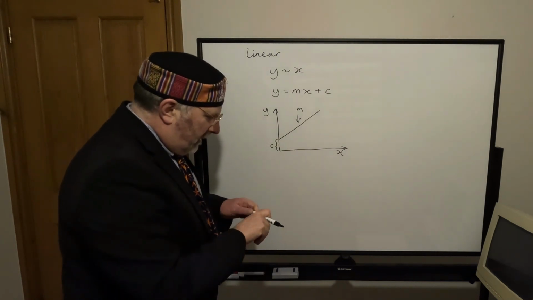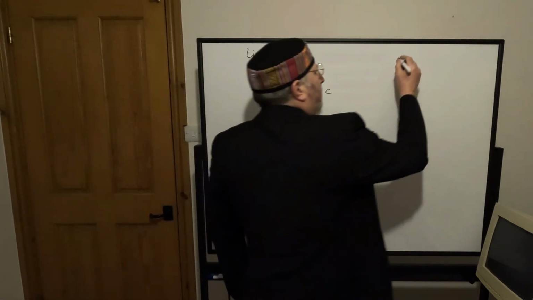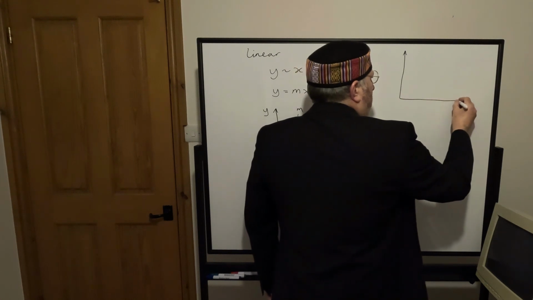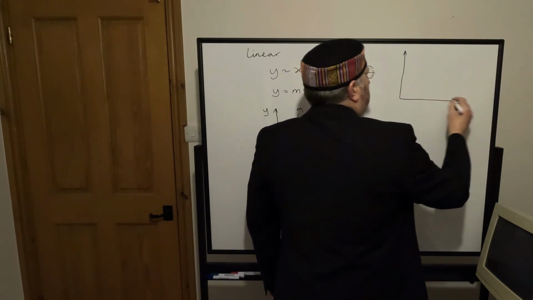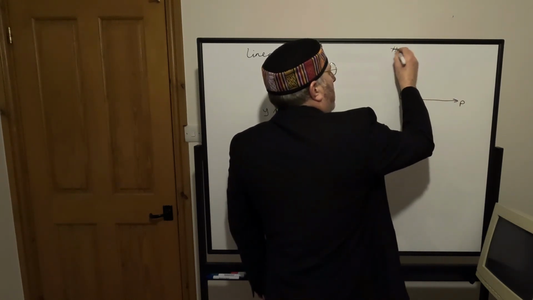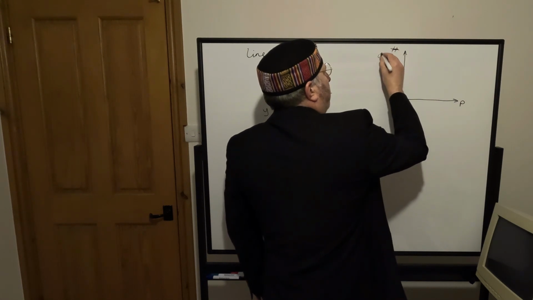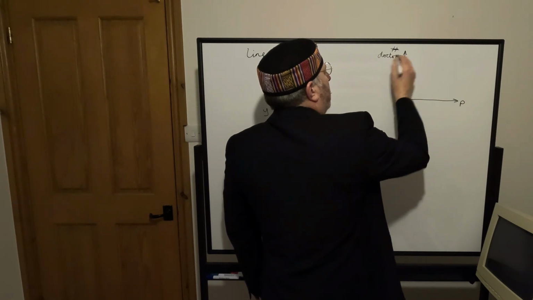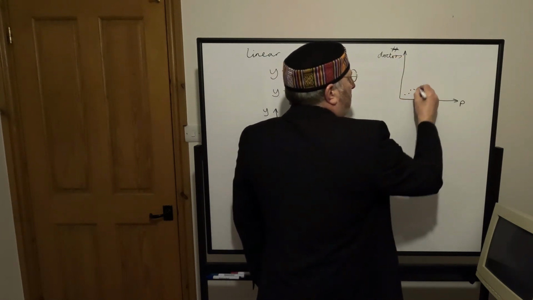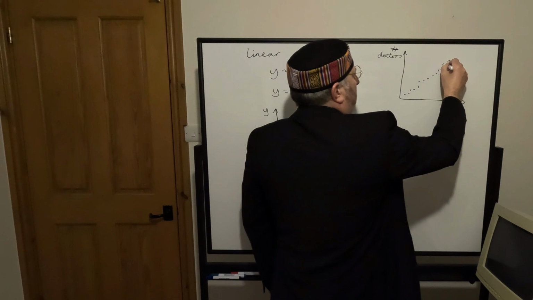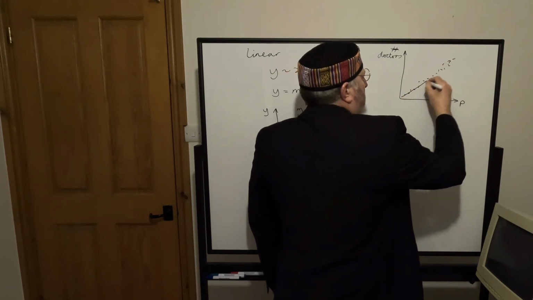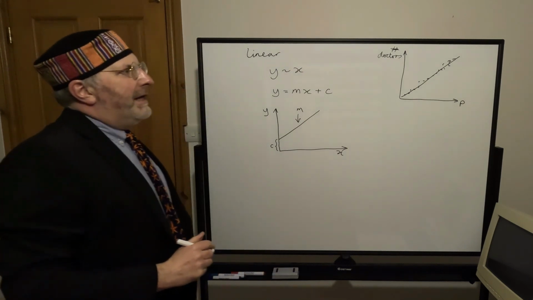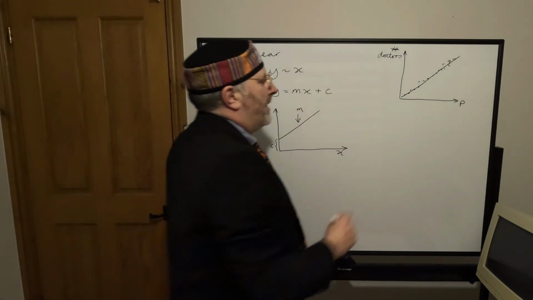And just to give a practical example, if we look at cities of different sizes, different populations, P, and count the number of doctors' surgeries, you find something like that, and it's a straight line. So it's a linear relationship.